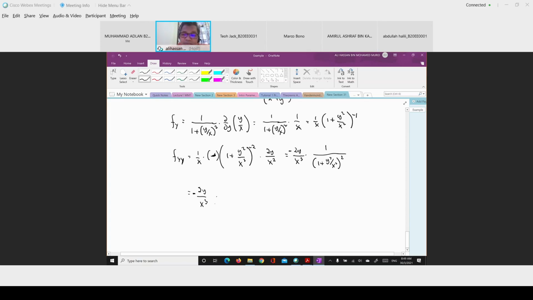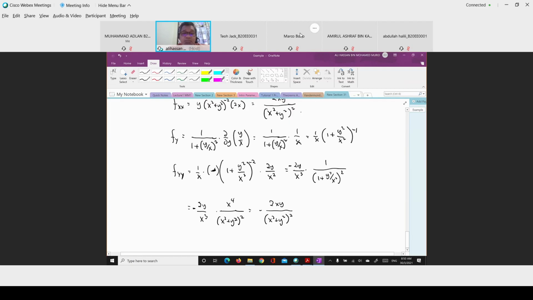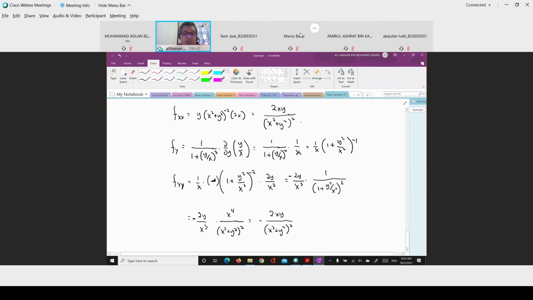The next expression can be written as x to the power of 4 over x squared plus y squared squared, isn't it? So this simplifies to minus 2xy divided by x squared plus y squared squared. So when we add up f partial x with f partial y, the terms cancel out, right?